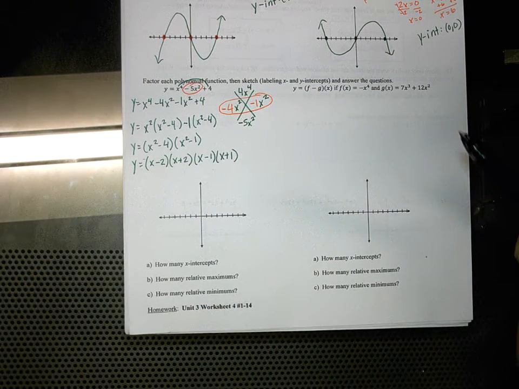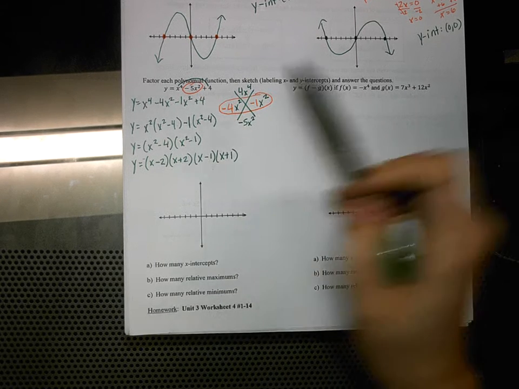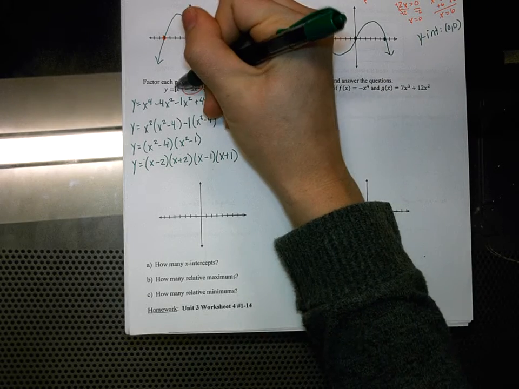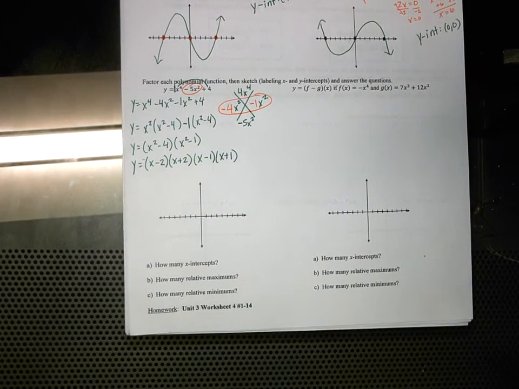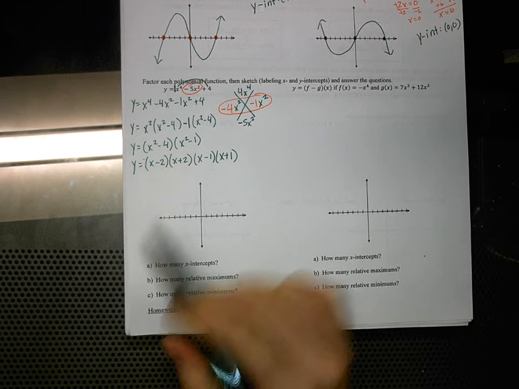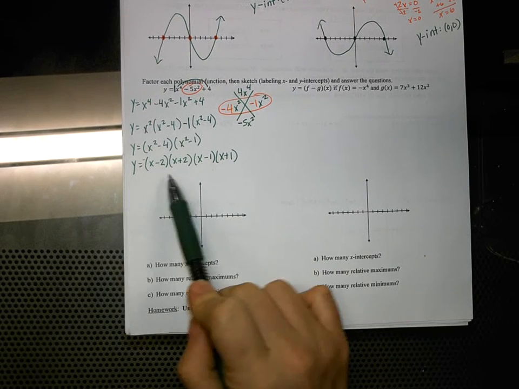Your end behavior should go in what directions? Same or opposite? Same. Your leading coefficient I would get from standard form, which is a 1. And that's positive, so your right side will go up, which means your left side goes up. And then you're going to find each of your x-intercepts. There are 4 of them. Are any of your x-intercepts going to be a bounce?